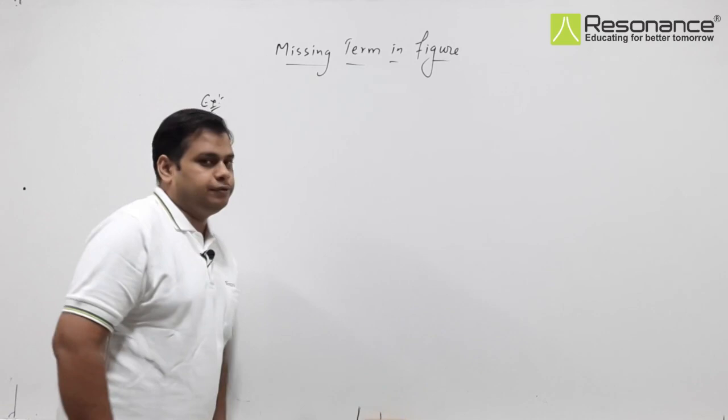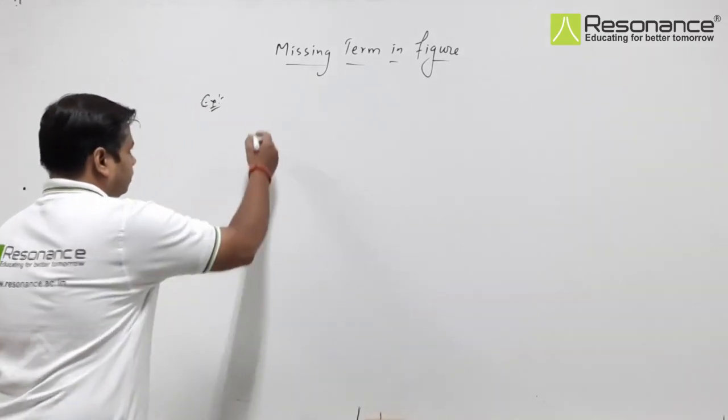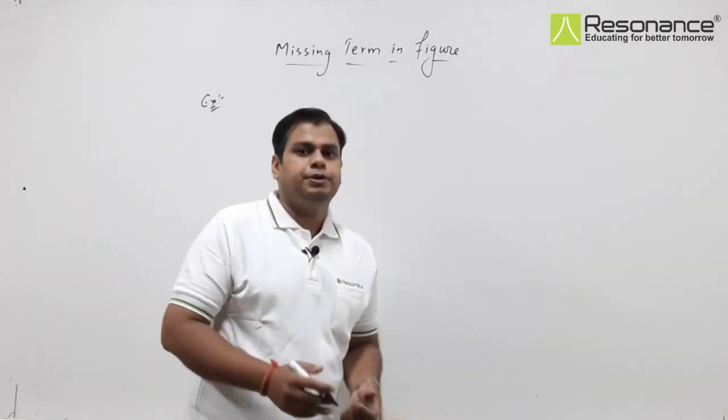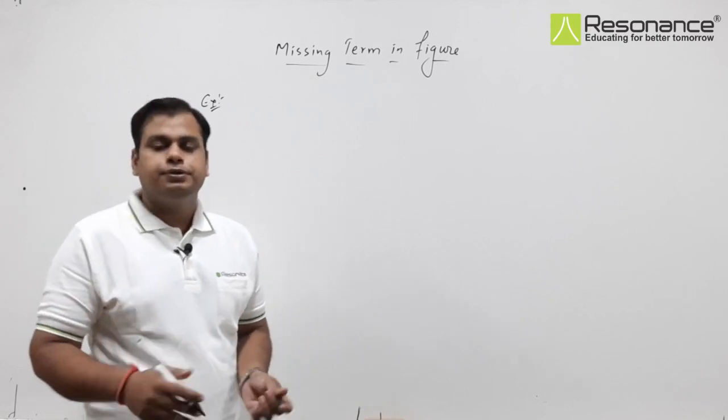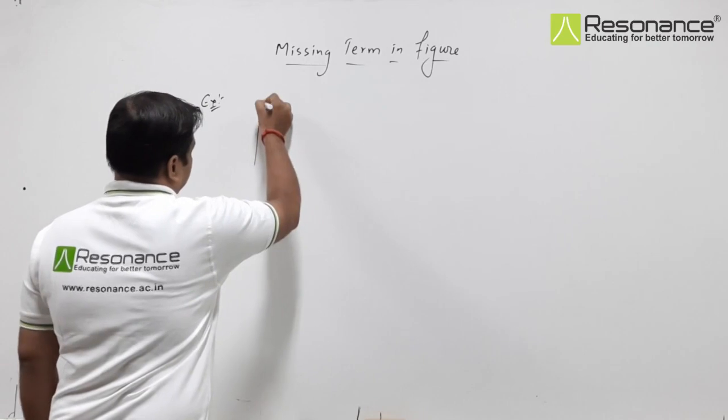because in math we don't have any theory, so we have to understand with examples. Figure may be of different kinds. It may be grid type, it may be circular, it may be another. So let's take a grid.